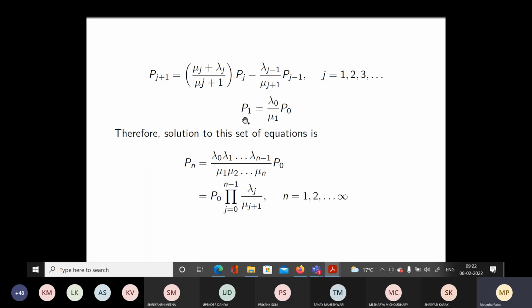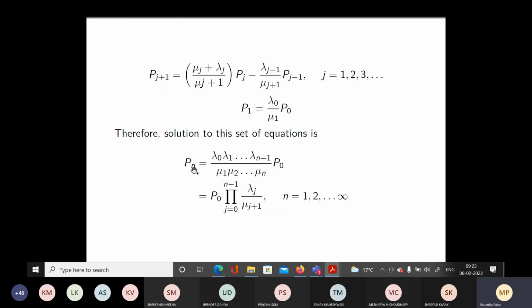So if you are in the first state, that is p1, you will get λ0/μ1 p0. Okay, so we can simply write that the solution to this set of equations is like this. For pn, you will get λ0 λ1 ... λ(n−1) p0 divided by μ1 μ2 ... μn. So this is actually what we had started with.